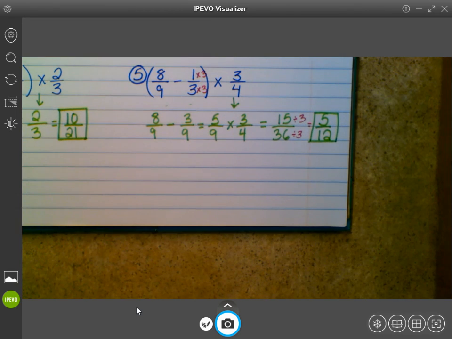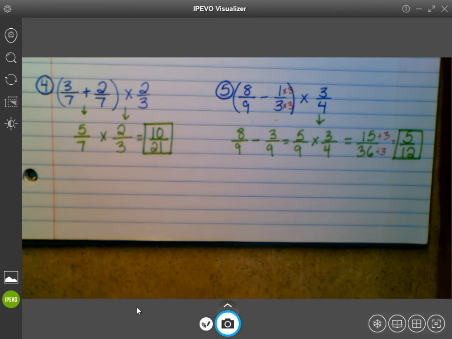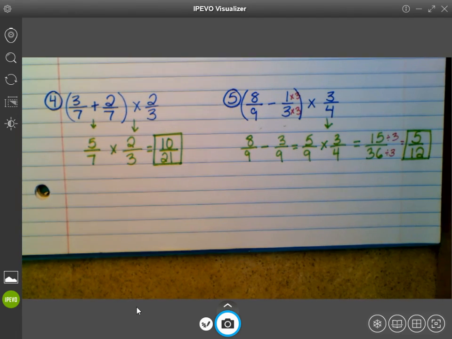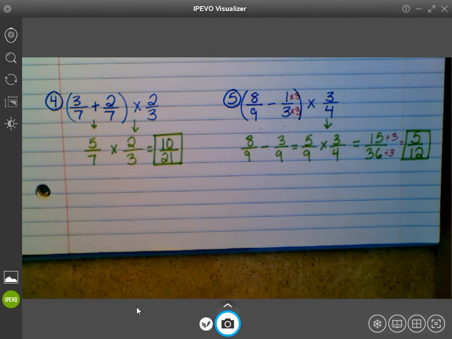All right. I'd like you to put your head down or close your eyes, or both. When I say go, which I haven't yet, you're going to show me your level of understanding when it comes to multiplying fractions. And that includes these last two where we had some adding and subtracting in there too.